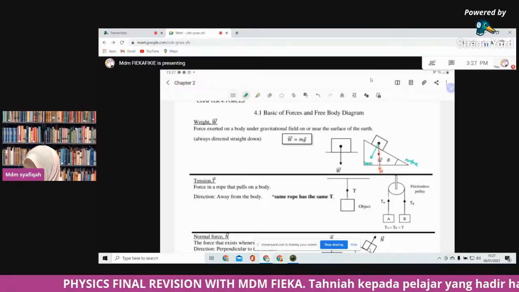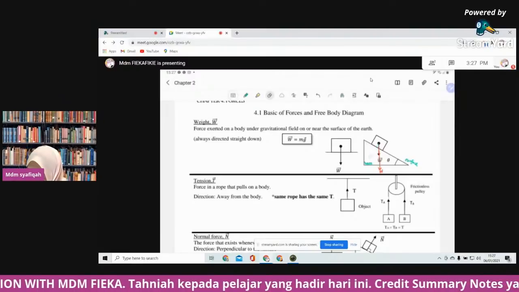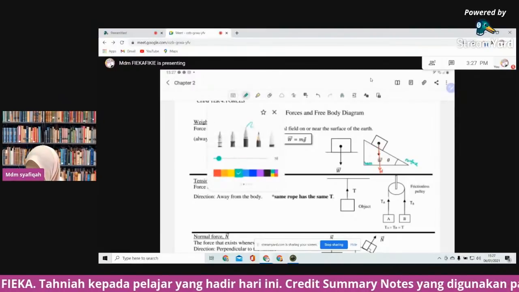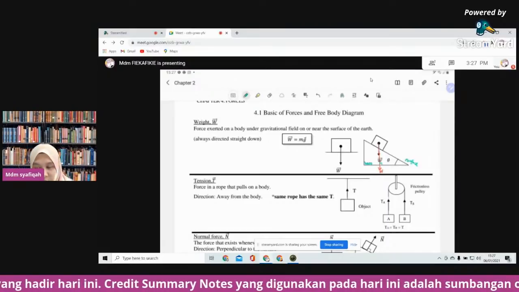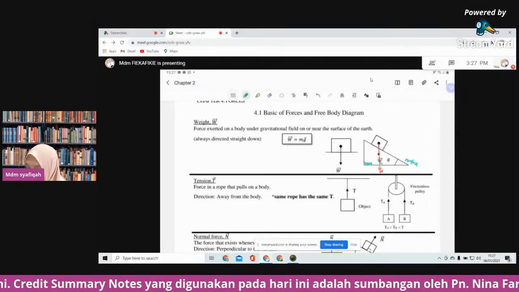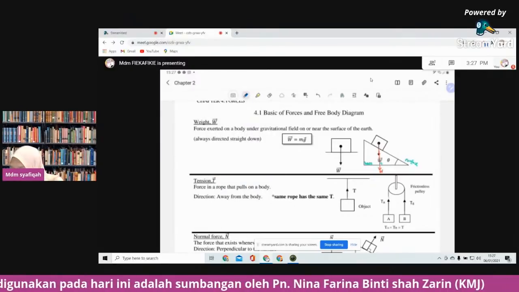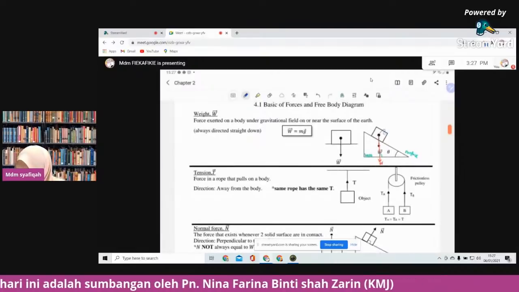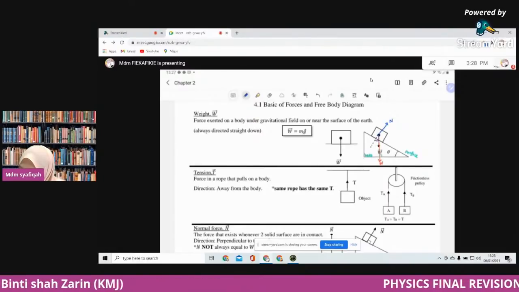Ini base dia. So yang hijau tu salah, kita padam balik. Jangan buat macam ni. Tengok sini, so ini base dia 90 degree to the base. And then you must have your normal. Okay, and weight angle kat sini mesti sama dekat sini.